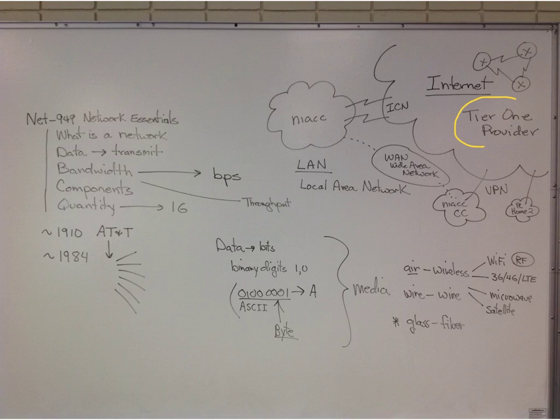There are these tier 1 providers that exchange communication through the internet, and they don't charge each other. And then all the other tier 2, tier 3 providers connect in, and they pay, typically based on bandwidth or the quantity or some combination of both.